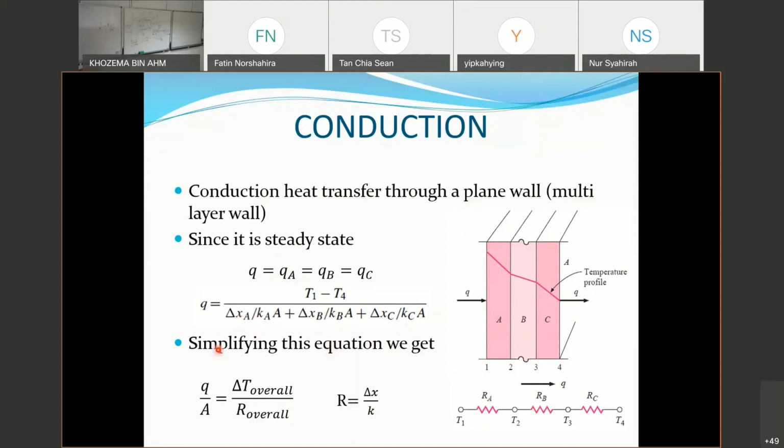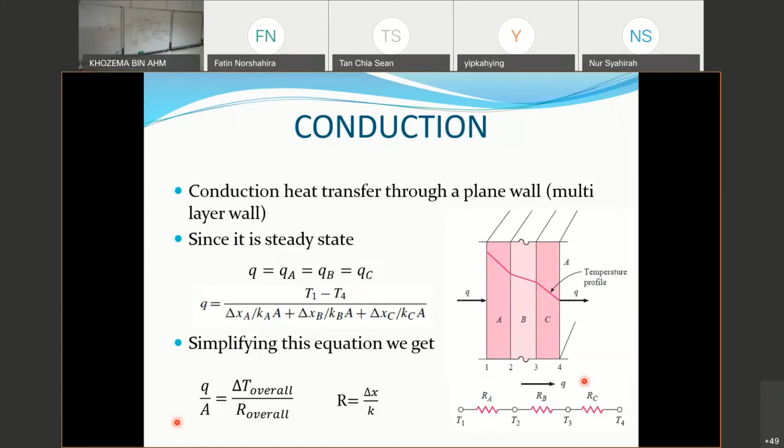By simplifying this equation, you get this new equation: Q over A is equal to delta T overall over R overall. Here we are introducing a new term, which is R. We take an analogy from electrical engineering. If you have taken any electrical engineering courses, R is known as resistance.